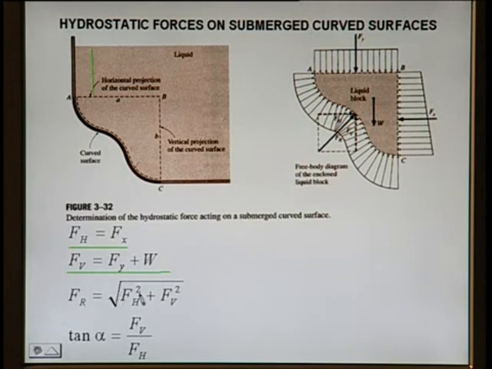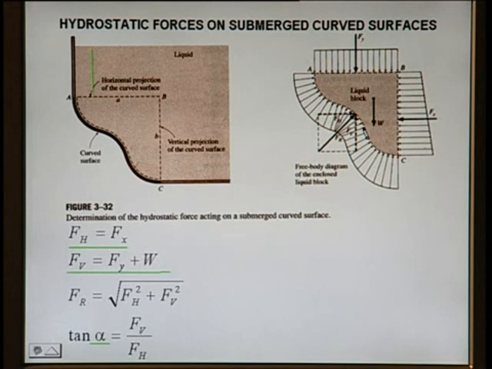It is the root of Fh squared plus Fv squared, and as far as the angle is concerned, the tangent of that angle is equal to Fv divided by Fh. So with the help of this principle of the free body diagram, we can get the force on a curved surface by taking the projection of that curved surface in the horizontal plane and vertical plane, and with the help of those forces on the plane surface, because the horizontal projection will be a plane surface and the vertical projection will also be a plane surface.